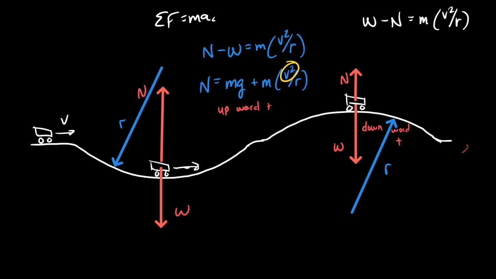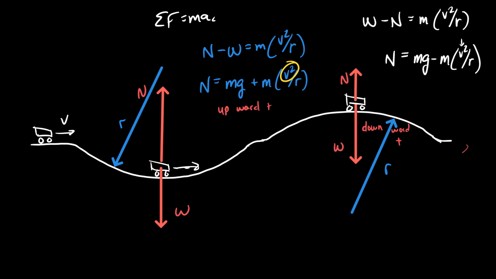Now I'm just going to solve this for the normal force: normal force will equal mg minus mv squared over r. I know you guys don't like math so much and you get all nervous about the math, but you need to look and see what that says. This says that as I go faster, the normal force gets smaller.